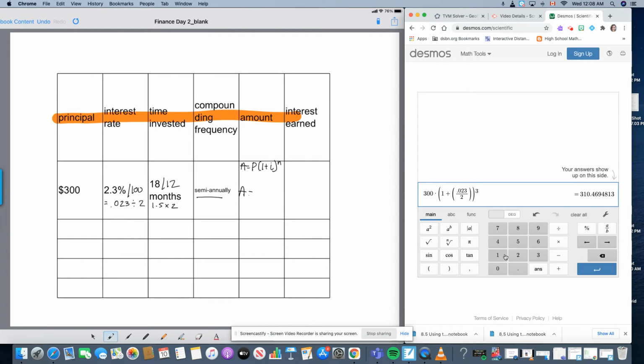Our answer is going to be $310.47. So that's going to be our total, and we have it in that calculator right over there. Then our interest is just going to be our total minus the principal.